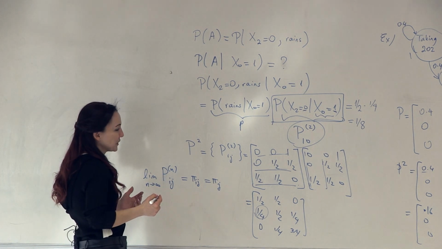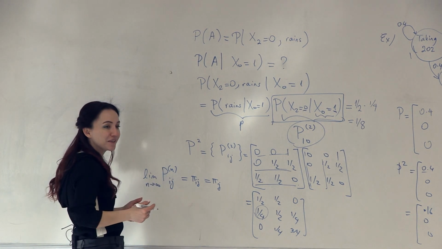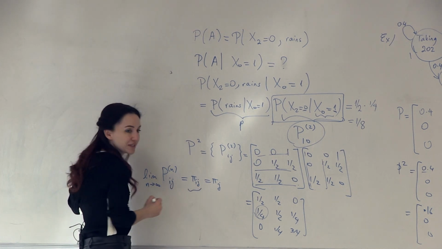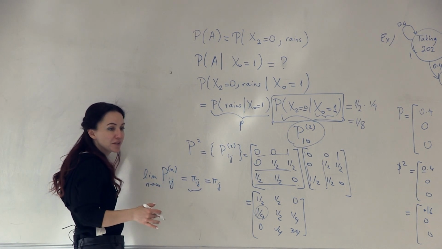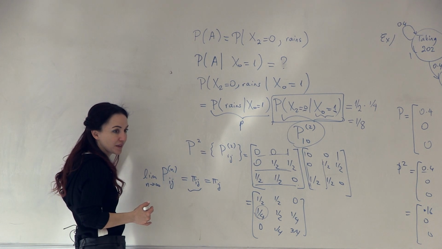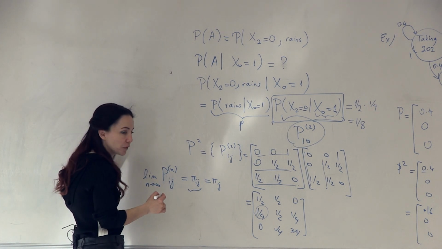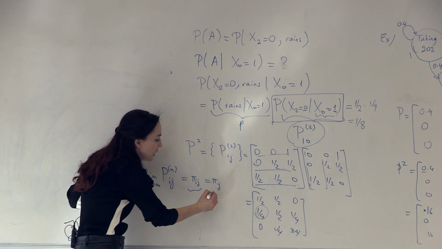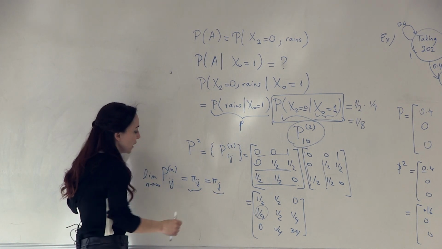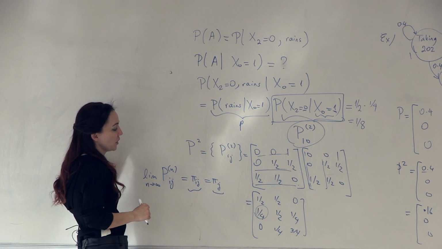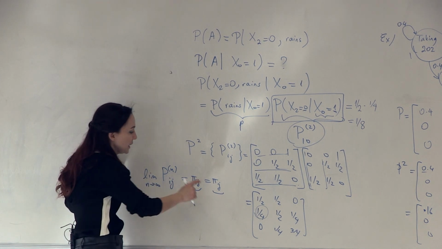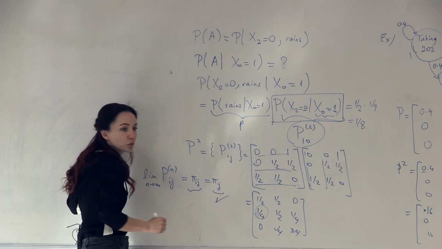To do a sneak preview of further lectures, we will have this convergence whenever there is no periodicity in the chain. And furthermore, if there is a single recurrent class, we will have the converged values being independent of the starting state. The two umbrella problem is an example where this holds.